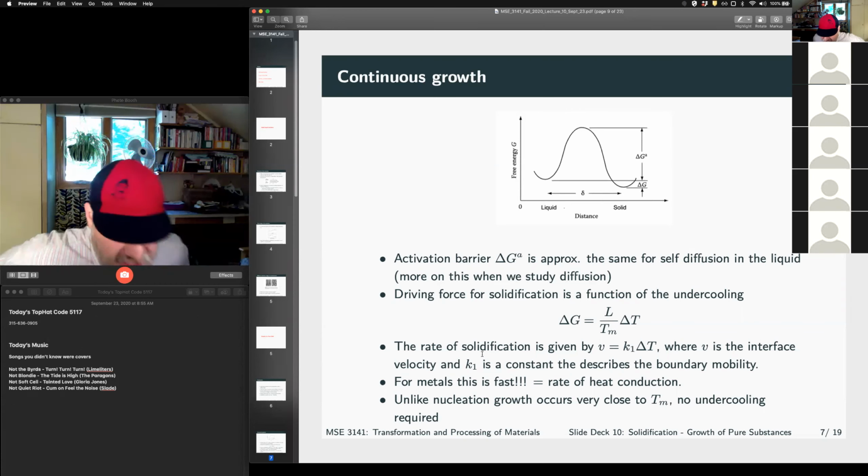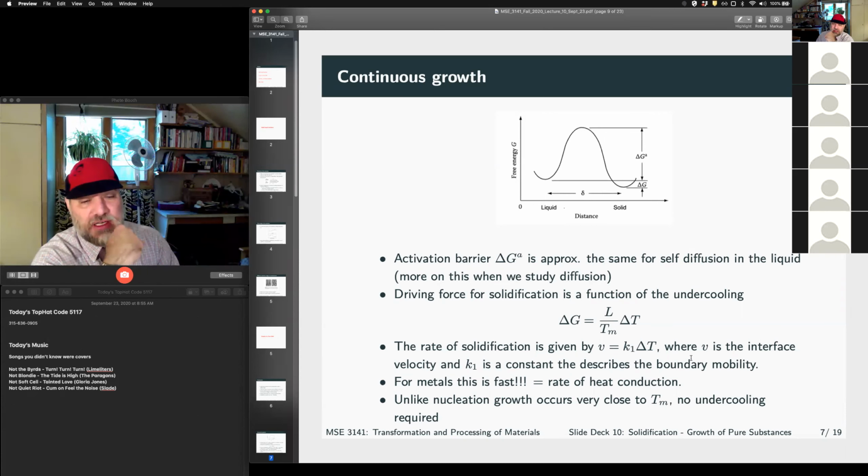It's not really in this slide deck, but it's related to things we're going to talk about in the future. Right? The really important thing is that this process is very fast, right? The velocity of the growth is going to be directly proportional to our undercooling, but K1 is a very large constant, right, that describes boundary mobility.